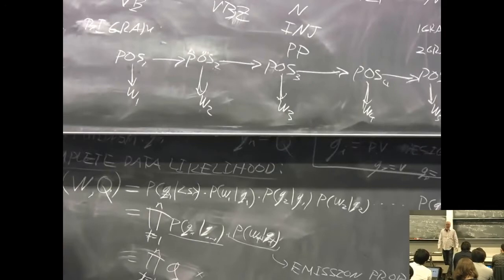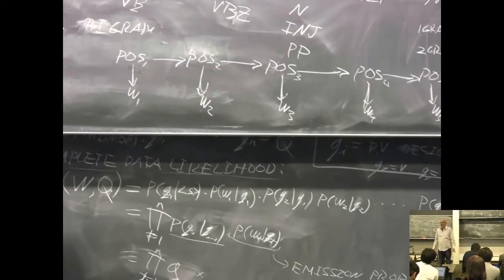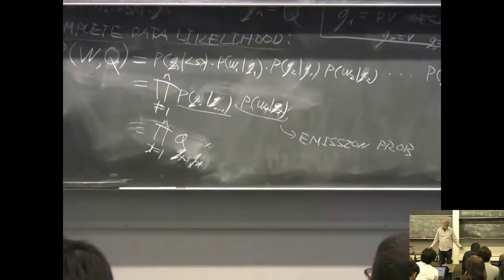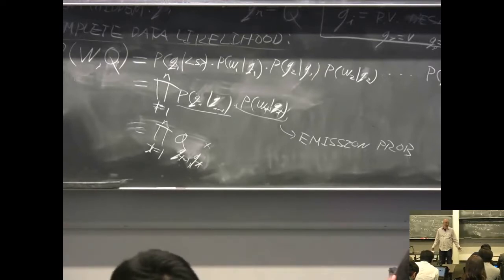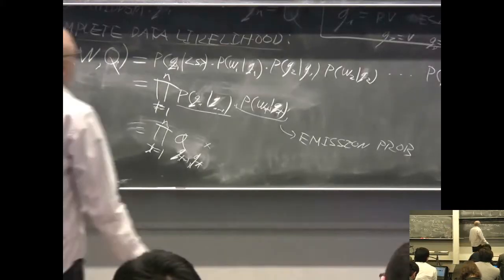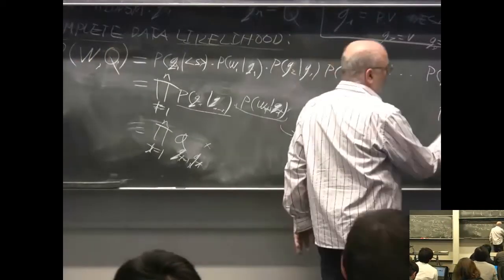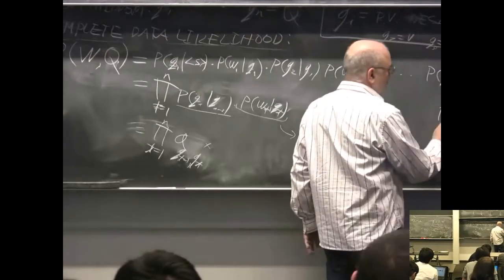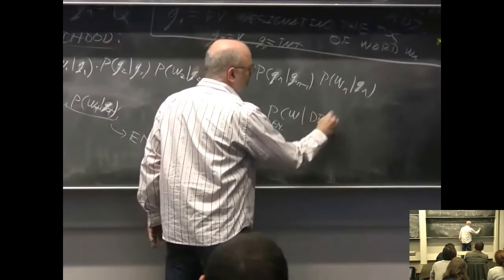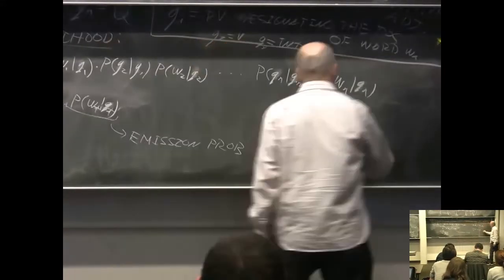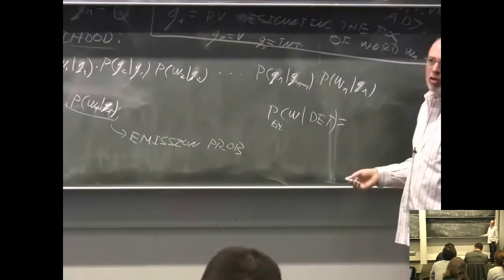What would be the emission probabilities? Well, they're going to be some multinomials. Under the determiner, so P emission of a word given the part of speech det, determiner, might be something like, how many determiners are there in English?